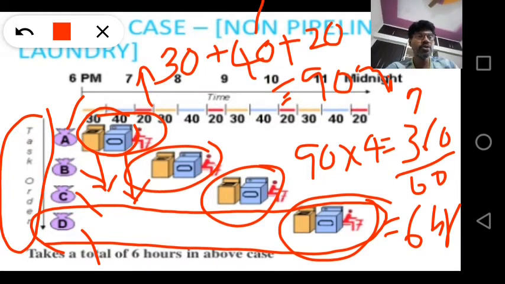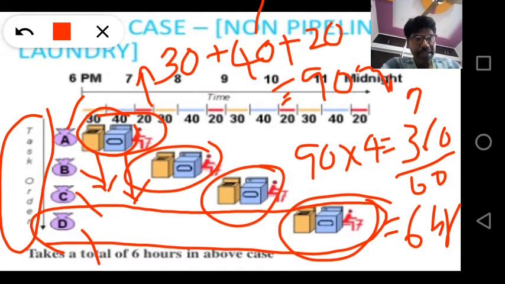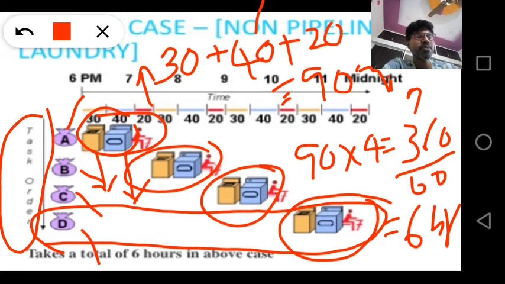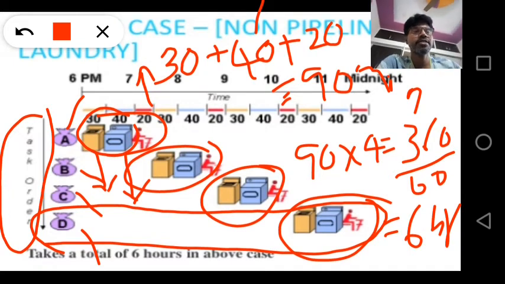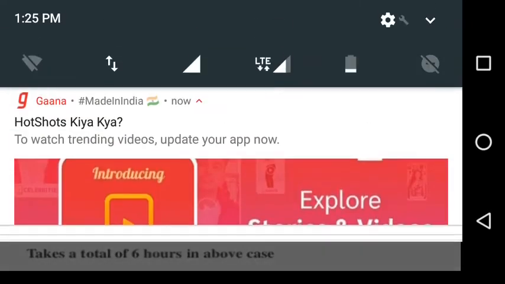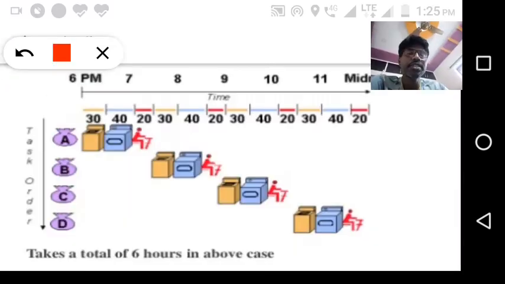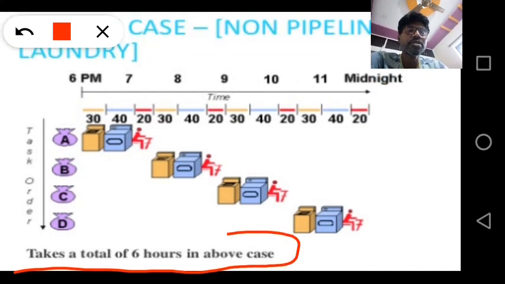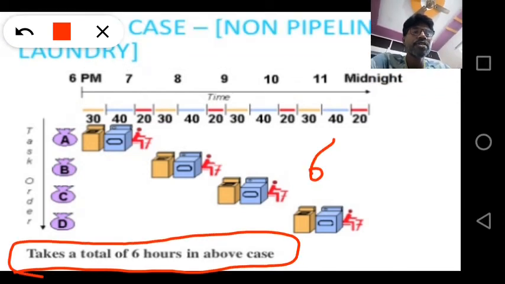If you don't follow the pipelining technique, if you just follow a sequential process, the task takes a total of 6 hours.